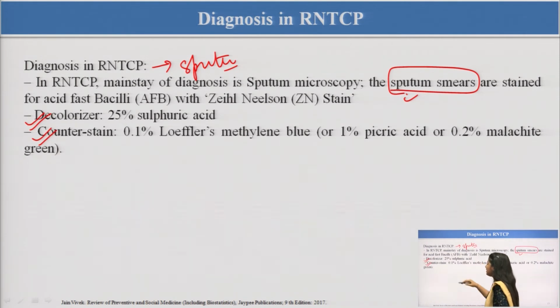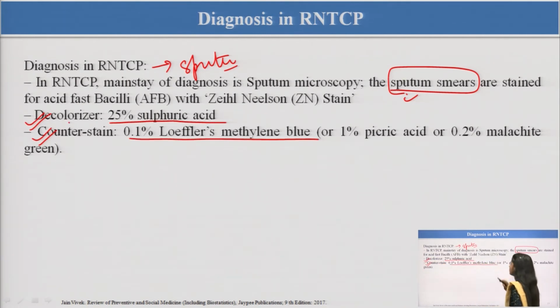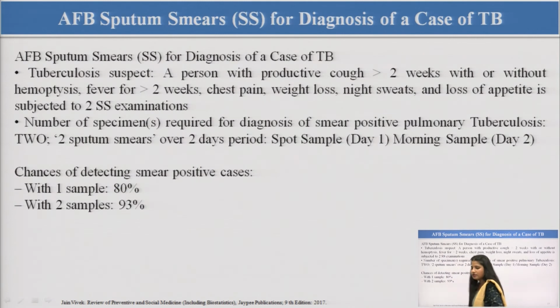This is known as Ziehl-Neelsen staining. 25% sulfuric acid is used as decolorizer, whereas 0.1% Loeffler's methylene blue is used as counterstain, because mycobacteria have a different nature, they are acid fast bacilli. So, we are using a different staining here.